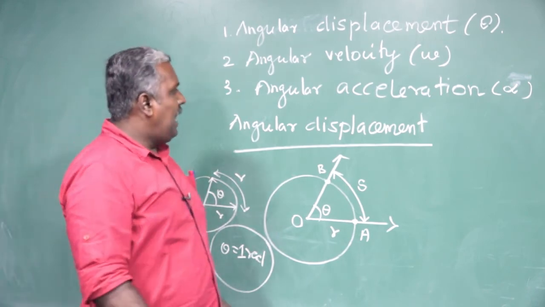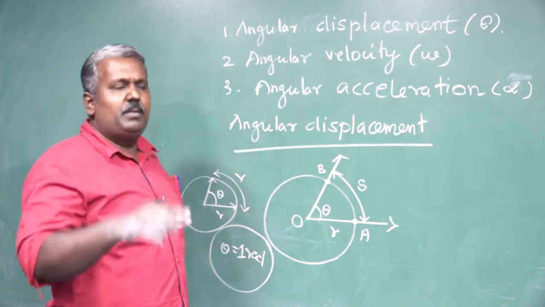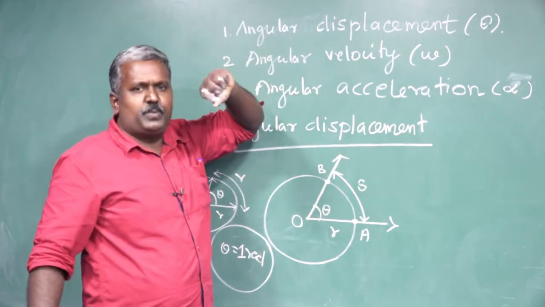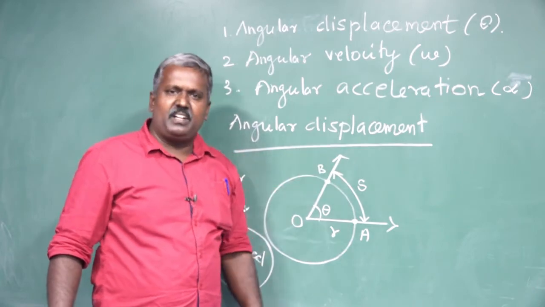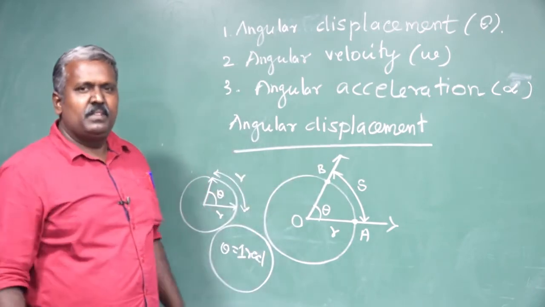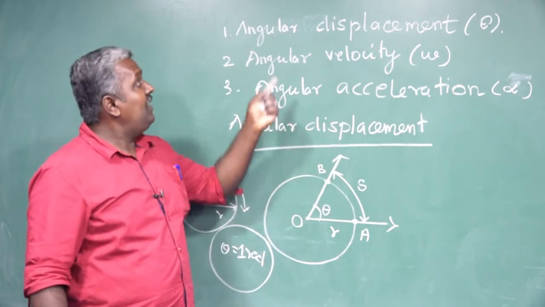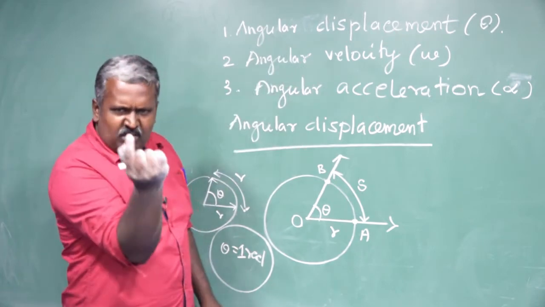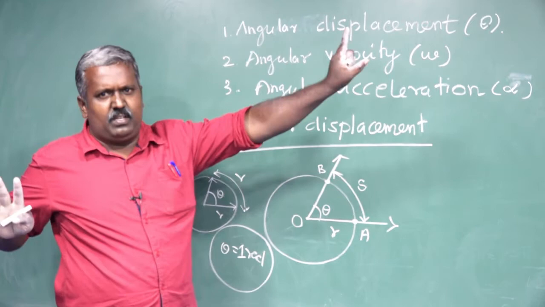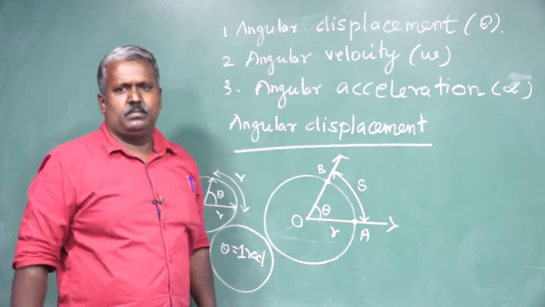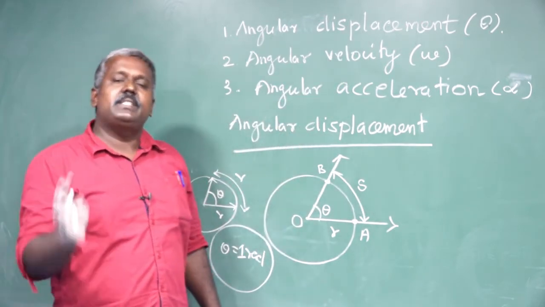Now, angular displacement. Already you have studied linear displacement, linear velocity, linear acceleration. The difference between angular and linear is only one point. In linear, it is straight. In angular, it is theta. What is displacement generally?